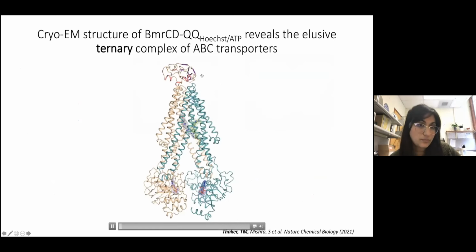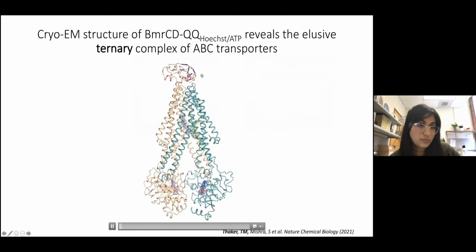And you can see that they're asymmetrically positioned, and they also adopt an asymmetric orientation, and it's likely that it resembles some native substrate in this architecture. And so what we believe is the subject of future studies is how this enforces asymmetry and how it breaks symmetry in this class of proteins to drive the conversion from inward open to outward open.